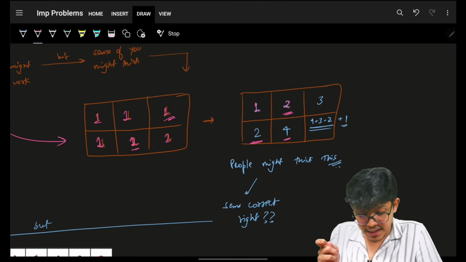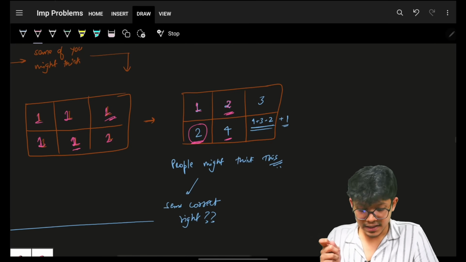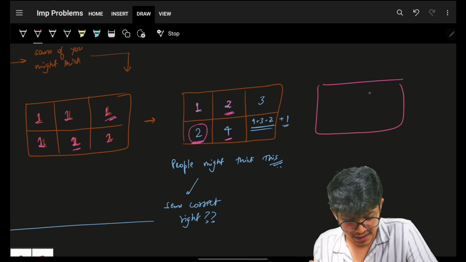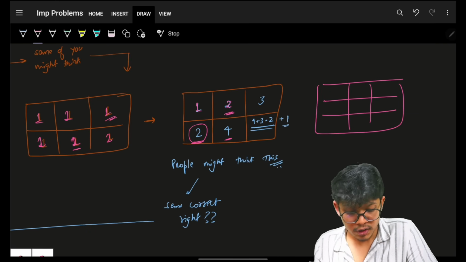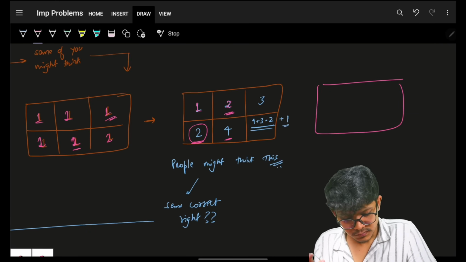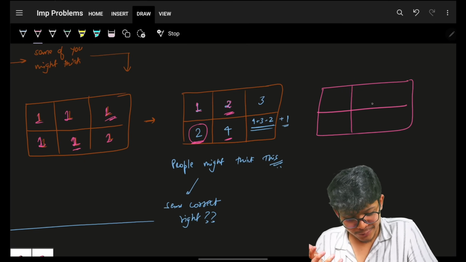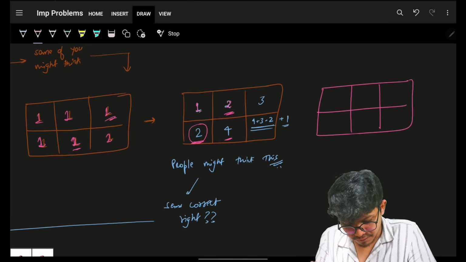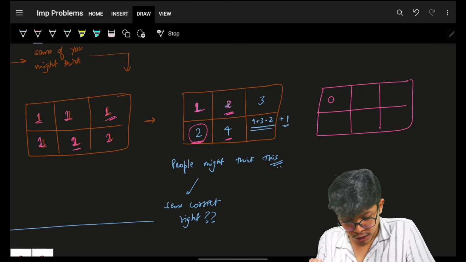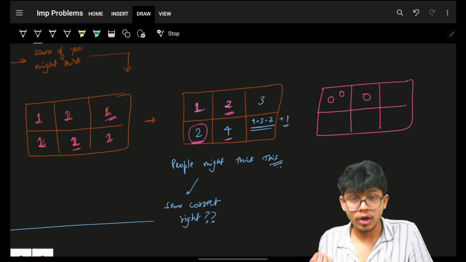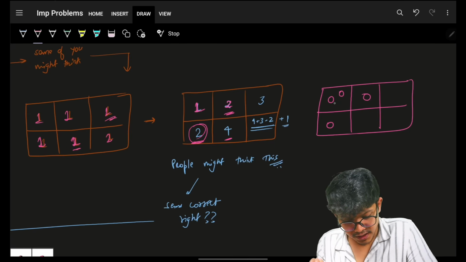But Aryan, it seems like this 2 indicates, if I make an array here and show my ones by balls, 1 here represents 1 ball, 2 here represents 2 balls, 2 here represents 2 balls.